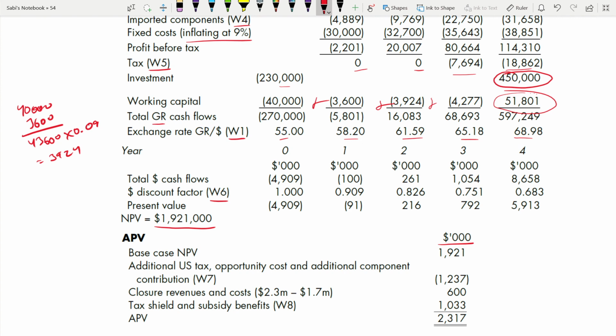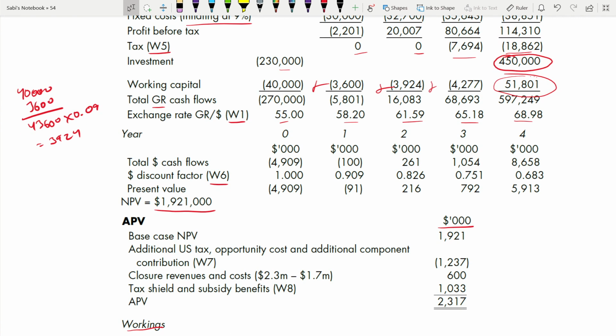So now coming to base case net present value. What is it? 1921. Additional US tax, opportunity cost, and additional component contribution, which will be in working 7.